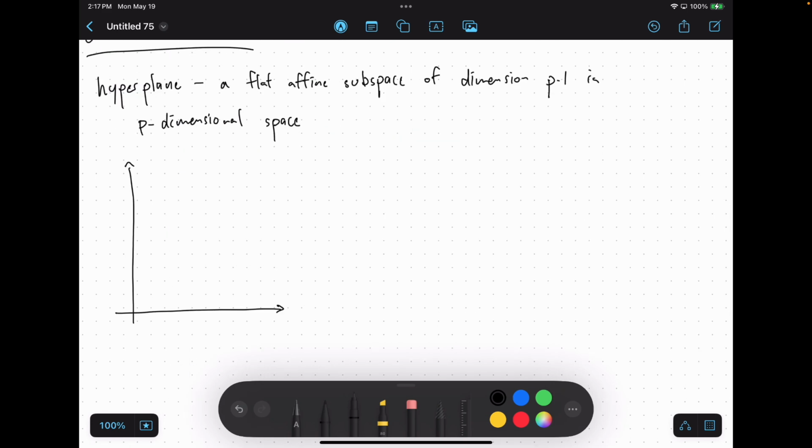Here is a pretty simple example of this. We have x1 and x2.